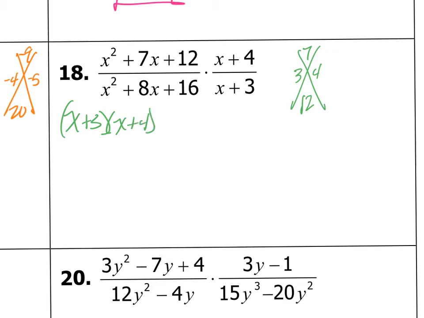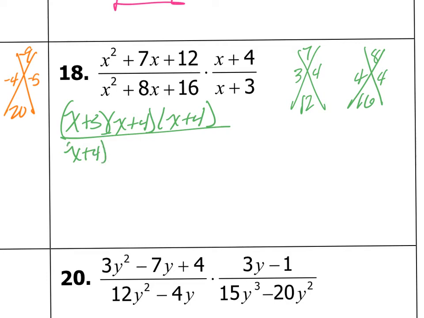And then the top right doesn't need to be factored, so that would be x plus 4. My denominator, I need two numbers that multiply to be 16 and add to be 8. I'm pretty sure that's going to be 4 and 4. So x plus 4 times x plus 4. And then the bottom left is just x plus 3.